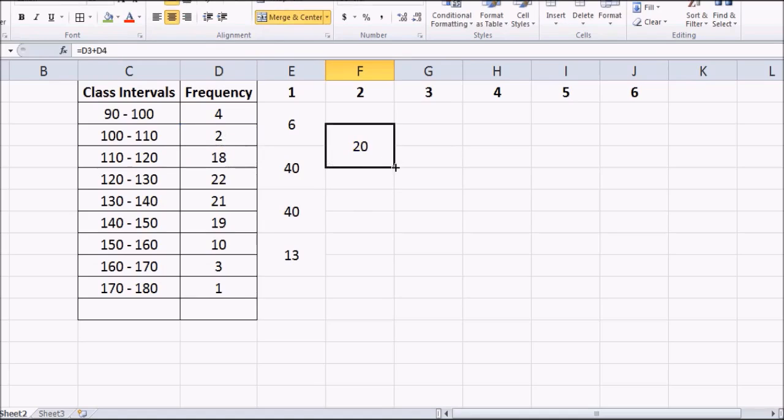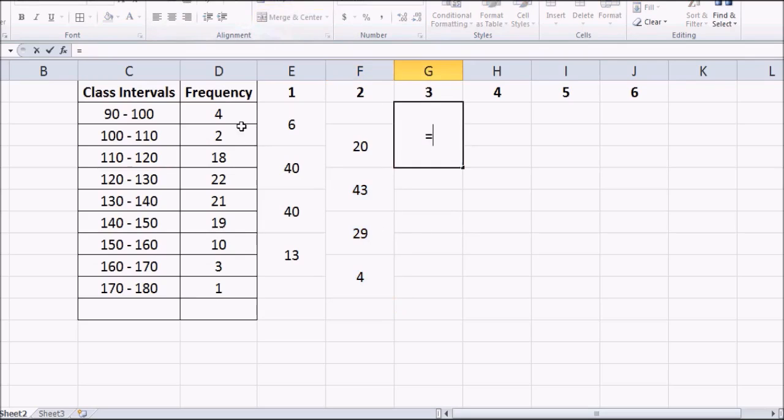Then we will take 3 at a time from the top, and then drop it down to the rest of the cells.